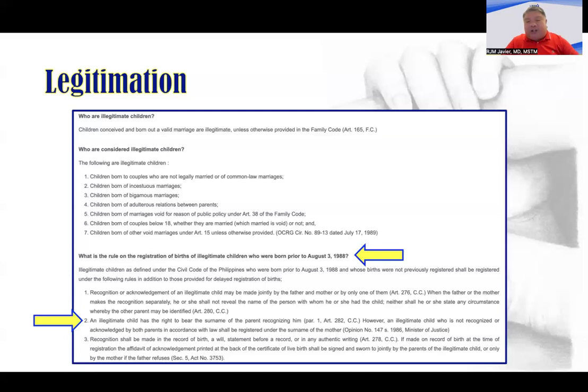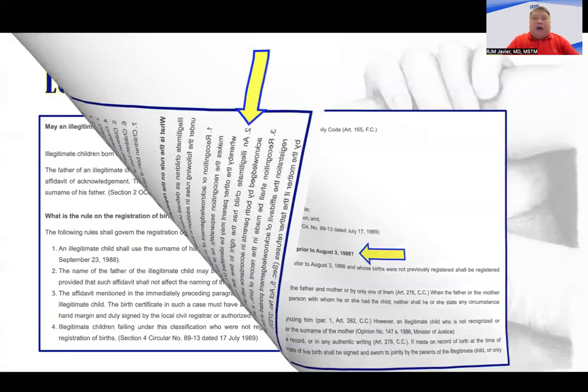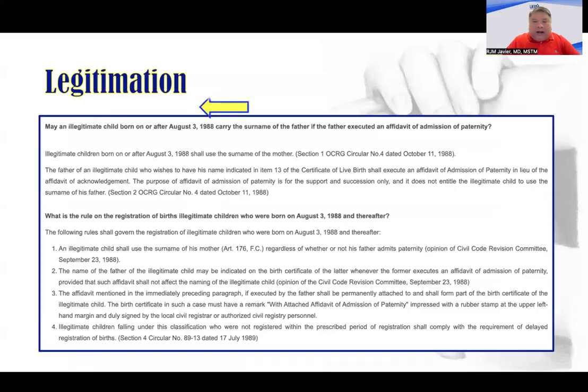Again, for illegitimate children born prior to August 3, 1988, based on our Family Code, that illegitimate child can use the surname of the father for purposes of using the name of the father and for succession issues. However, for children born after August 3, even if the father acknowledges the child, the illegitimate child can still not use the surname of the father.